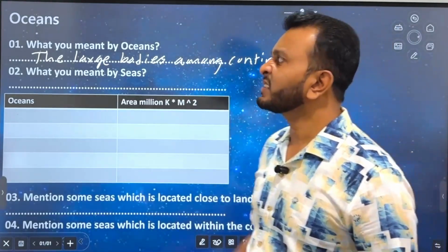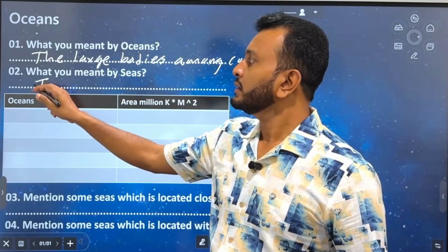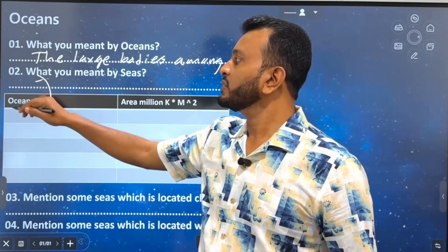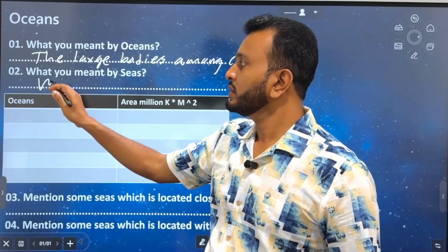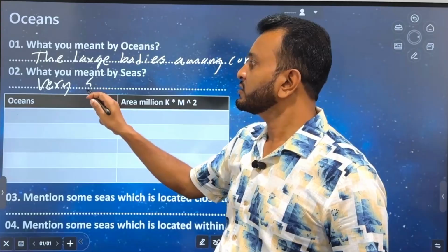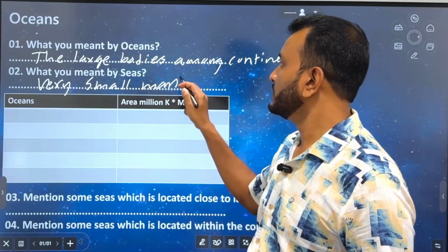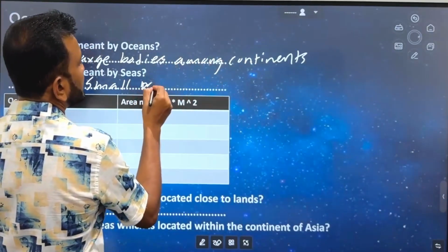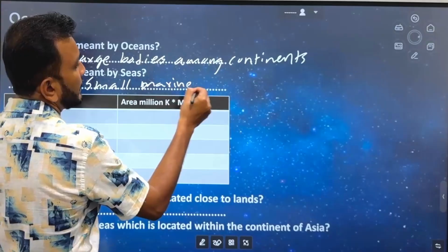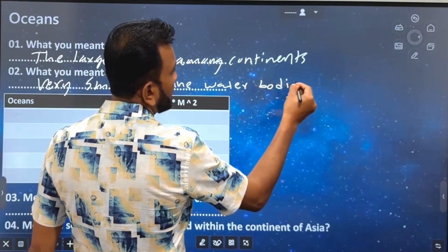What do you mean by seas? Very small marine water bodies.